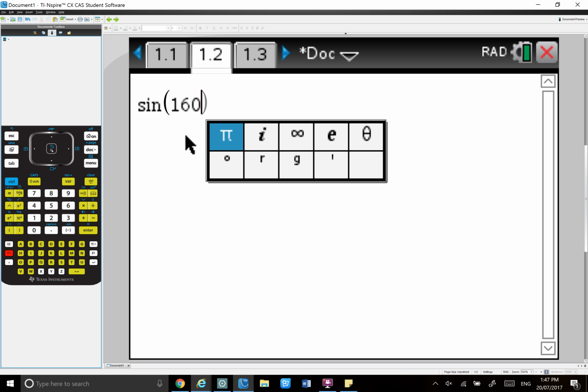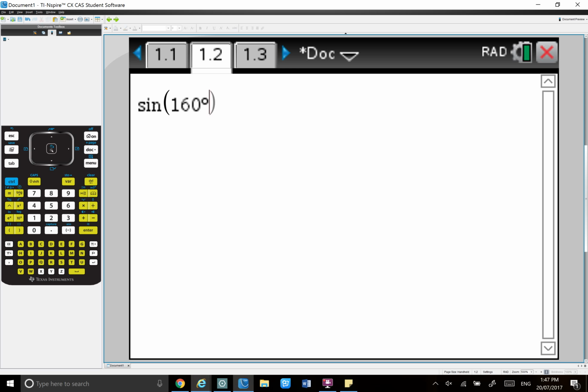The degree button is here. Can you see the button? That's the degree, because I set my calculator in radian form already. And when I try to type degrees in it, I need to put the unit degree here. Then the calculator knows, oh, you're talking about 160 degrees. So I can add a sign on it to say that's 160 degrees. If you just put 160, it will be wrong.